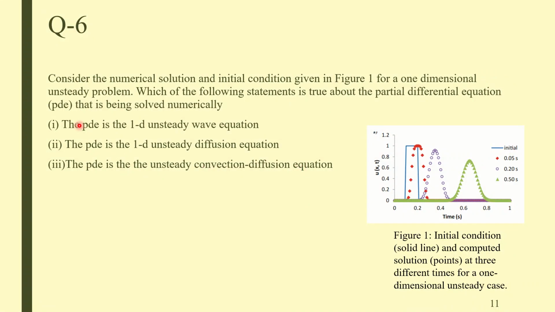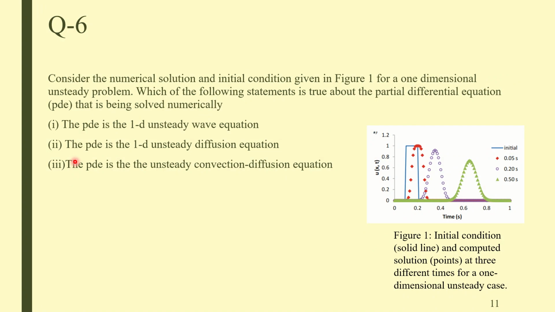The first statement is that the PDE is a one-dimensional unsteady wave equation. So here it is a wave equation, and the statement is true. The second one says the PDE is a one-dimensional unsteady diffusion equation. This is false, because if it were a diffusion equation alone, there would be no convective movement.